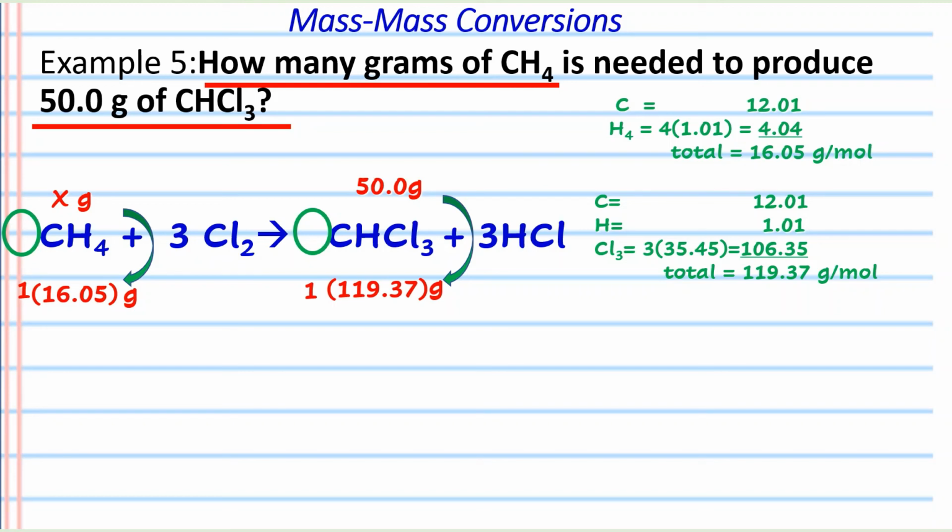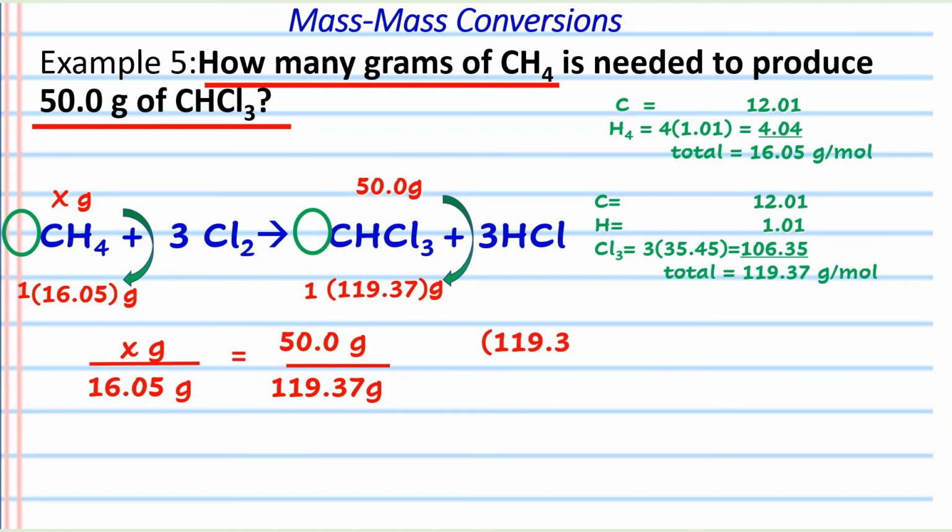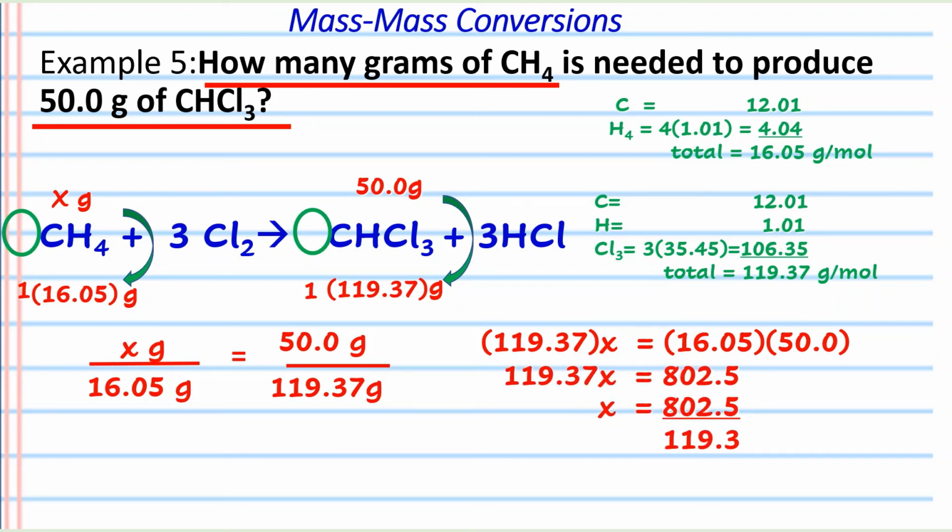So now we have our numbers for our proportion. We have x over 16.05 is equal to 50.0 over 119.37. So now we're ready to cross multiply. We'll have 119.37x equal to 16.05 times 50.0. 119.37x equals 802.5.